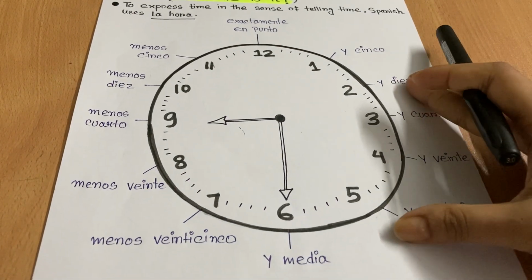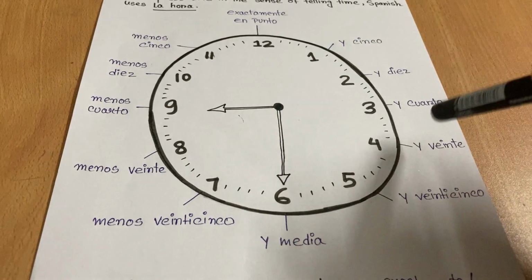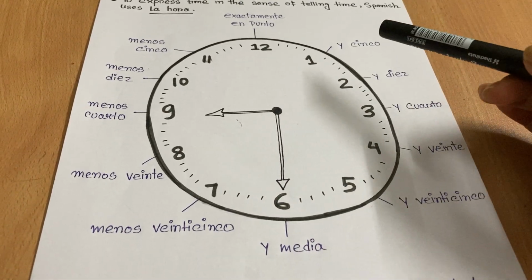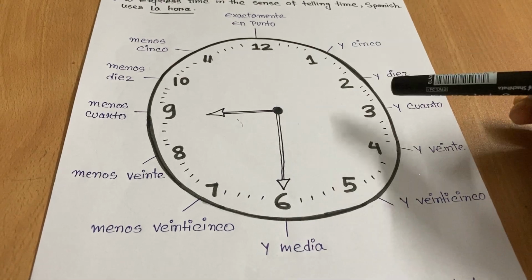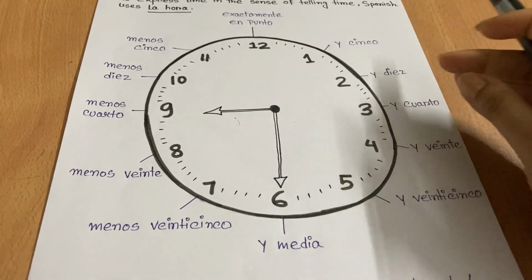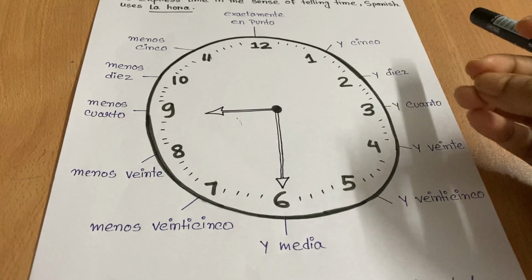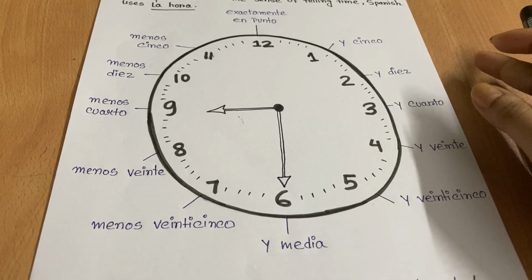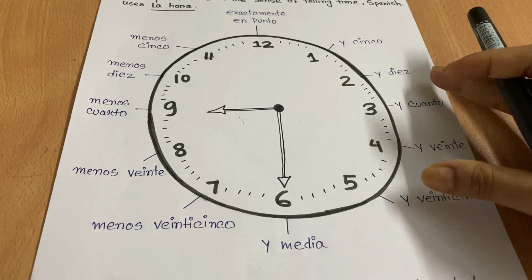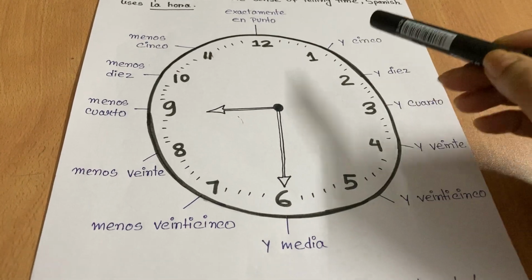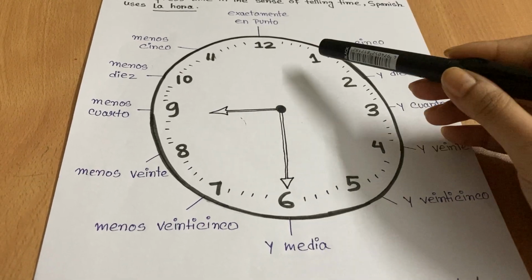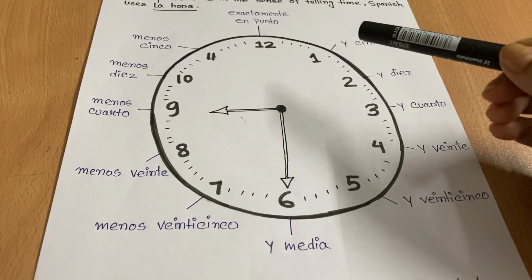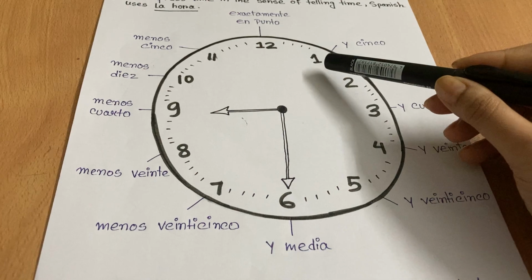So, please understand this clock chart. First of all, I am going to tell you how we can say o'clock. Before starting, please remember that when we talk about time in Spanish, we use the ser verb for tiempo or time. When we talk about one, that's going to be a little special, since one is singular.